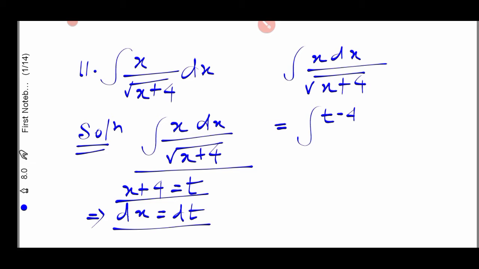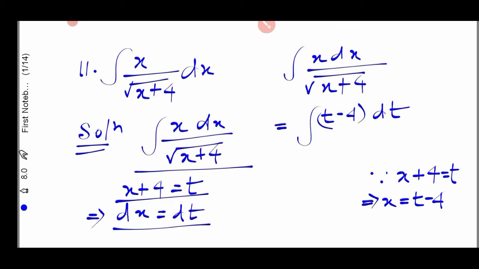Instead of x, we can write t minus 4, since we assumed x plus 4 equal to t, and from here we have x equal to t minus 4, right? So instead of dx we can write dt, and instead of root over x plus 4 we can write root over t, since we assumed x plus 4 equal to t.